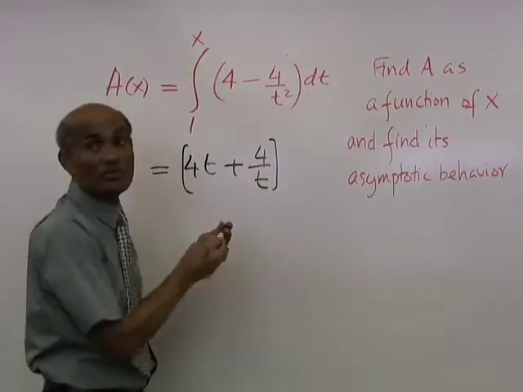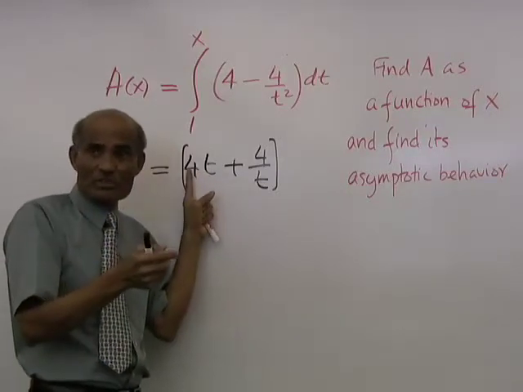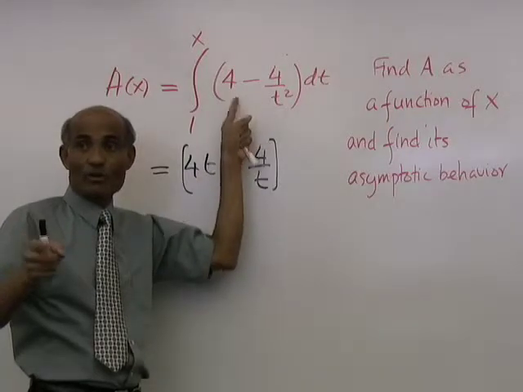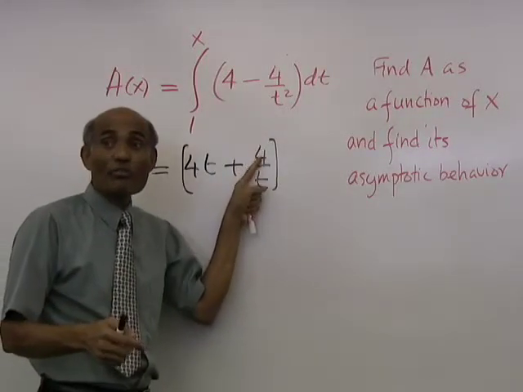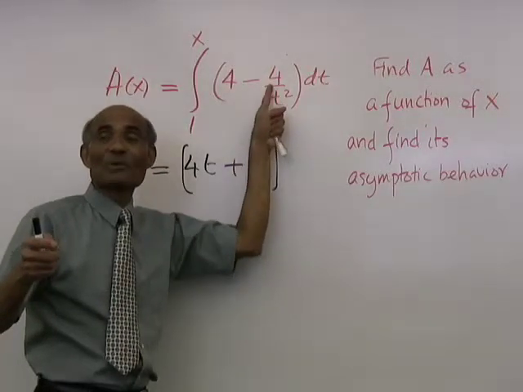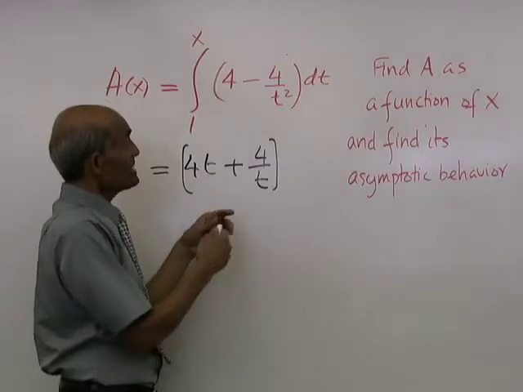Now, if you have difficulty, just go the reverse way. Find the derivative. The derivative of 4t with respect to t is 4. The derivative of 4 over t with respect to t is negative 4 over t squared. Alright, so that's the integral.